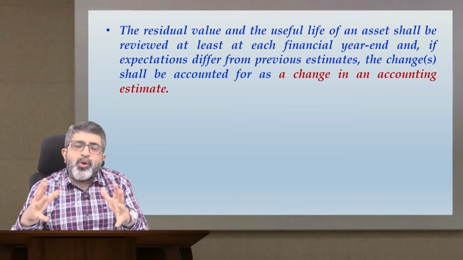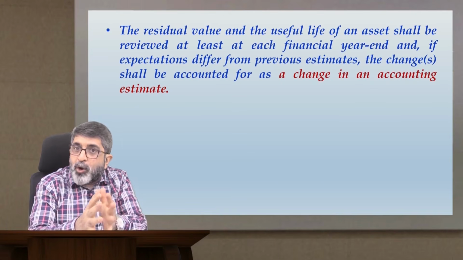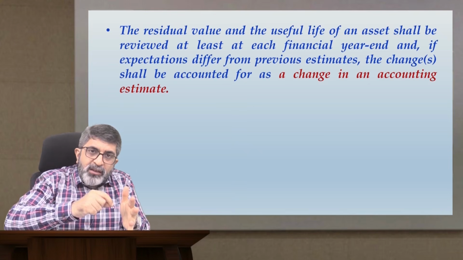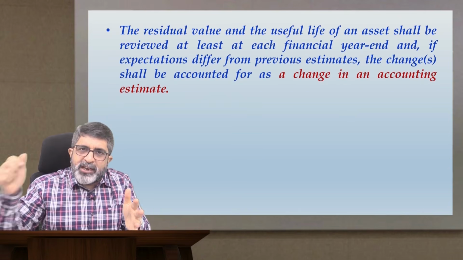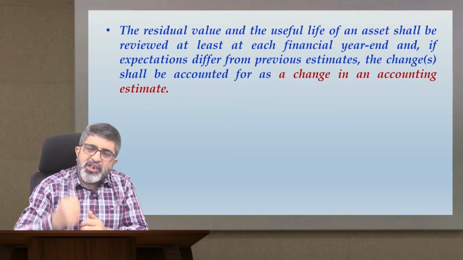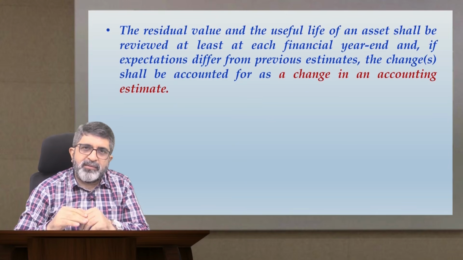See, how are you going to charge depreciation? You are going to make an estimate of what will be the useful life of that asset, and accordingly on an annual basis you will be charging depreciation. Now suppose at the time of purchasing a machinery, you have estimated that its life will be 10 years.